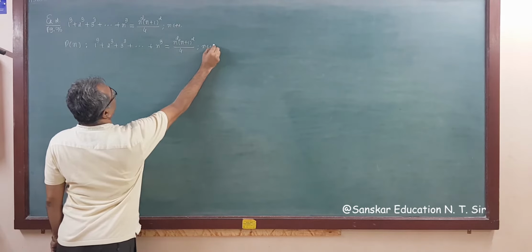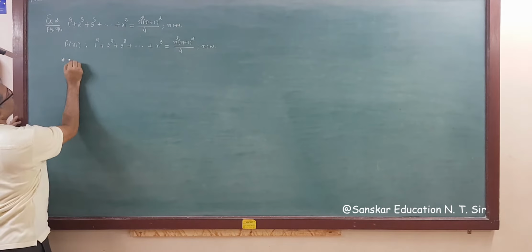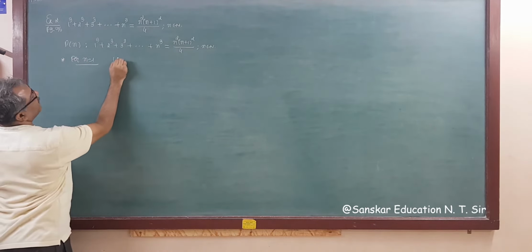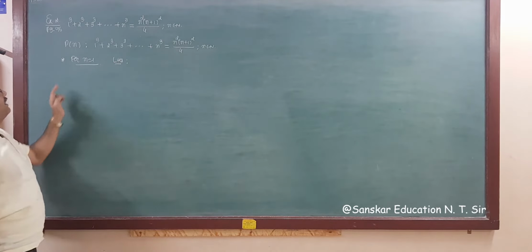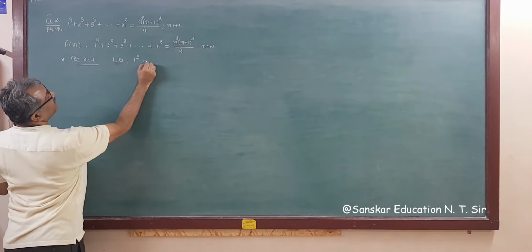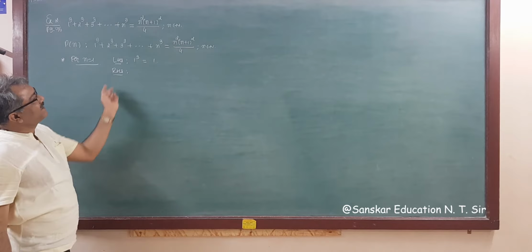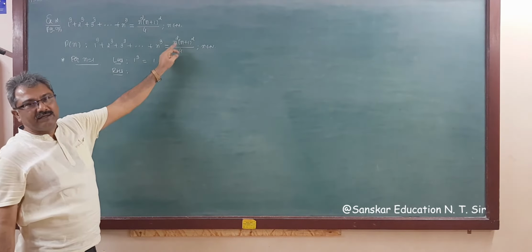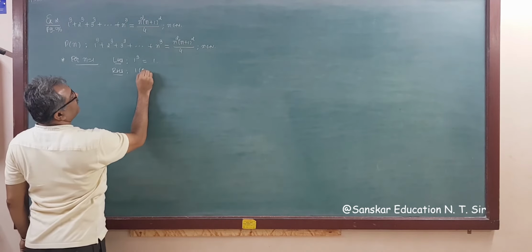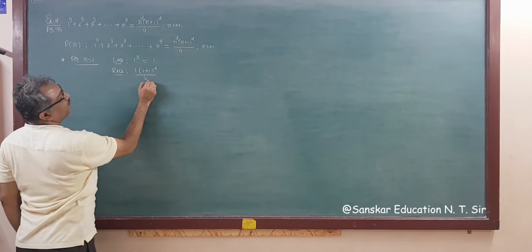N belongs to N. So as usual, taking n is equal to 1. For n equal to 1, the left hand side means the first term. So first term is 1 cube, that is 1, and on the right hand side substituting n equal to 1 here, what we get? 1 plus 1 whole square divided by 4.